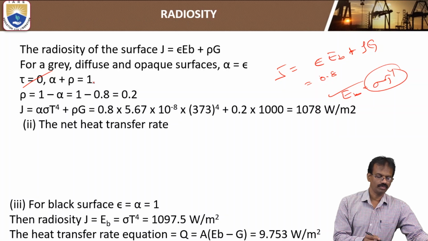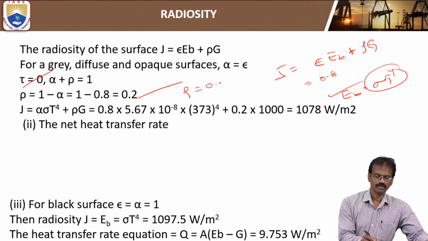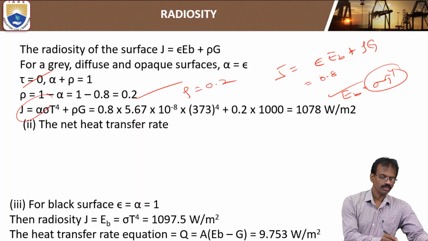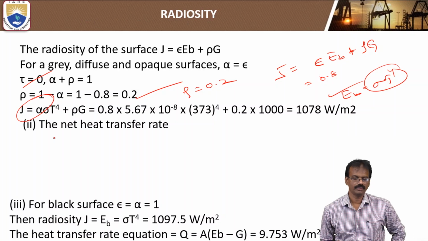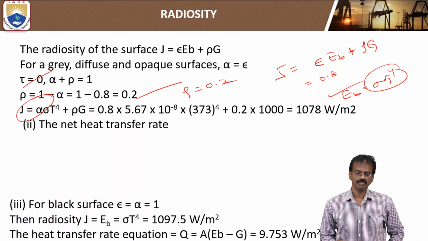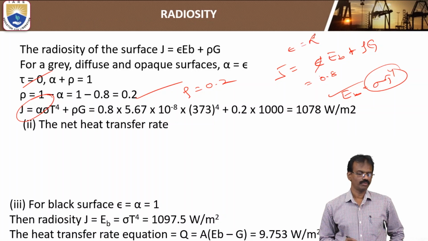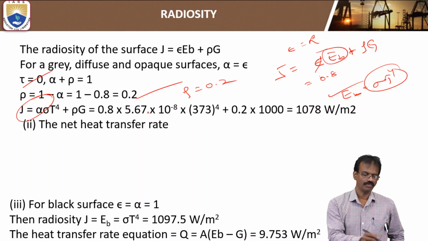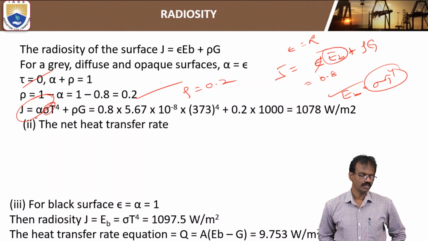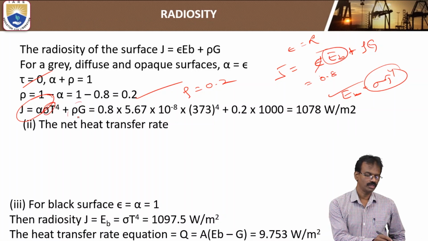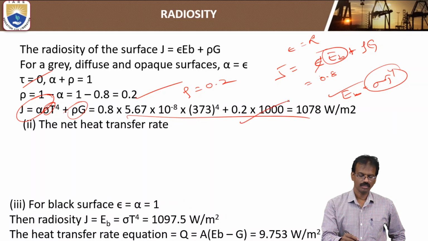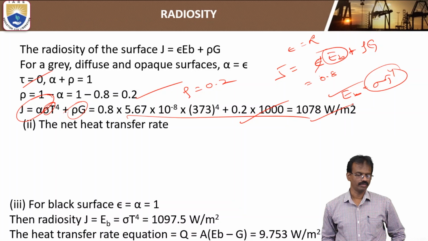Alpha plus rho is equal to 1. Then rho is equal to 1 minus alpha, means rho value is equal to 0.2. Then radiosity: emissivity is nothing but alpha, according to Kirchhoff's law. You can take alpha sigma T to the power of 4, this is the EB formula according to Stefan-Boltzmann law, plus rho into G. Rho value is equal to 0.2. If you substitute all the values, you will get the J, radiosity value.